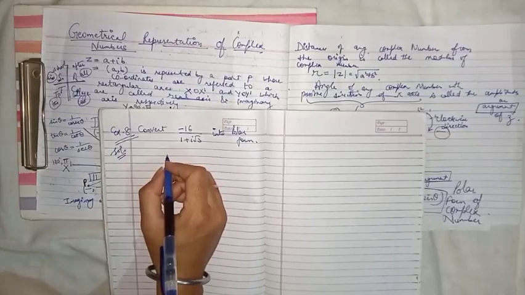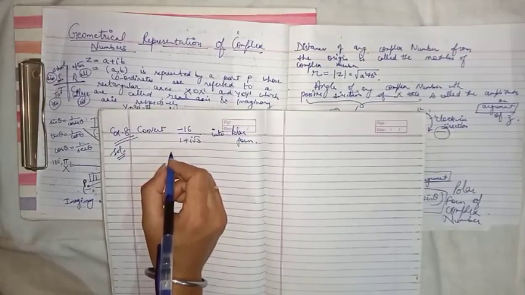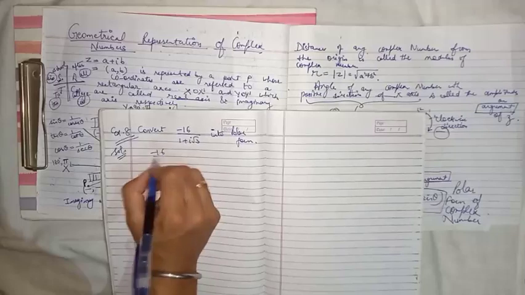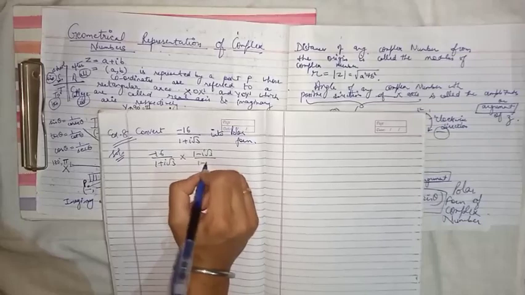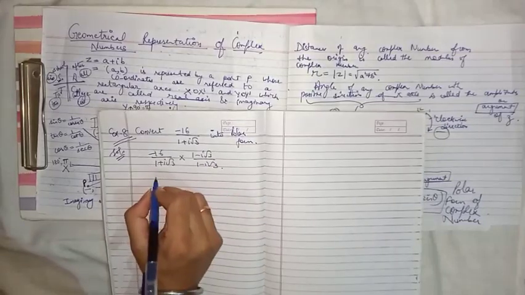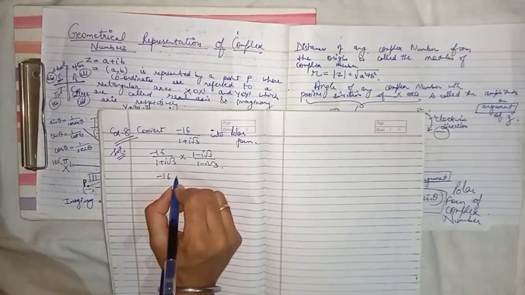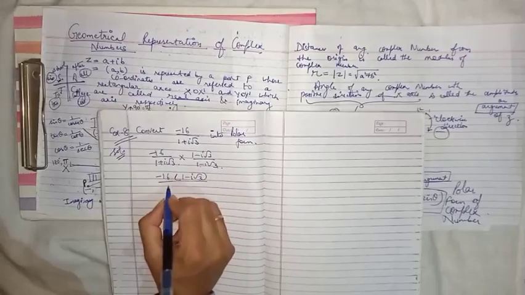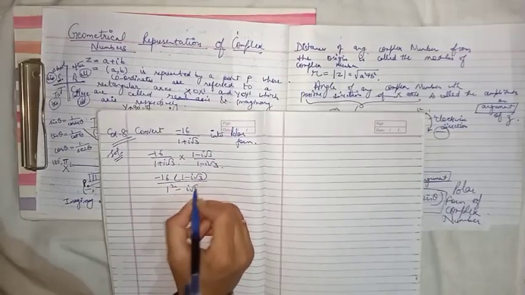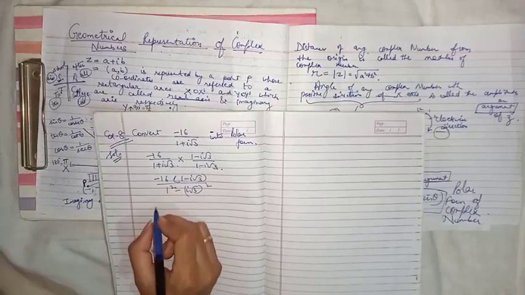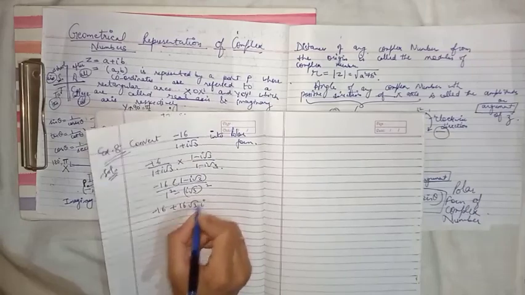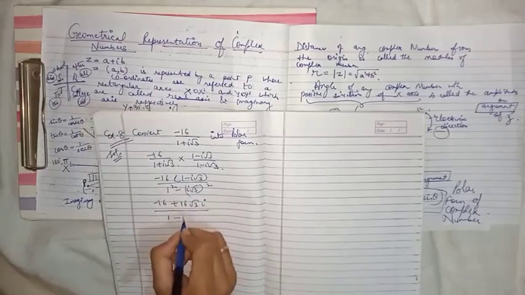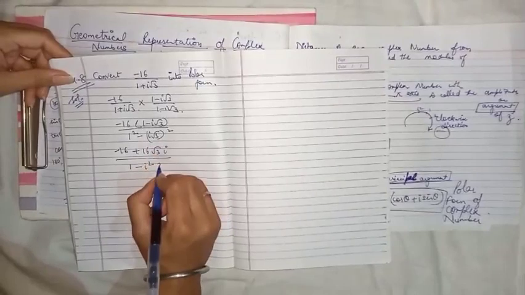Now first we need to find the value of z in the form of a plus b iota. For that we need to multiply and divide by 1 minus iota root 3. It will be minus 16 into 1 minus iota root 3 over (a plus b)(a minus b), that is a square minus b square. It will become minus 16 plus 16 root 3 iota over 1 minus iota square into 3, that is 3.